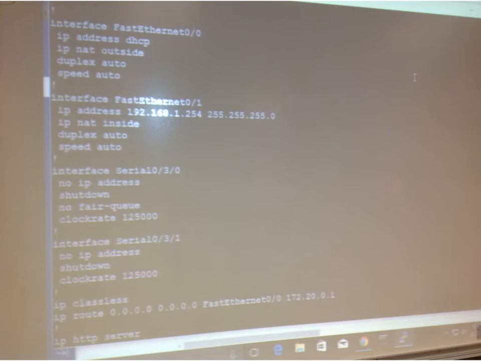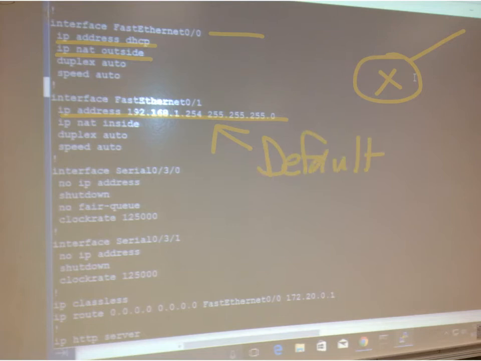This Ethernet here in the router was going out to the other network, so I got an address from the other network, and this is doing that outside. This is the internal address, so this address became the default gateway for all of the workstations. And then for DNS, they used Google's 8.8.8.8.